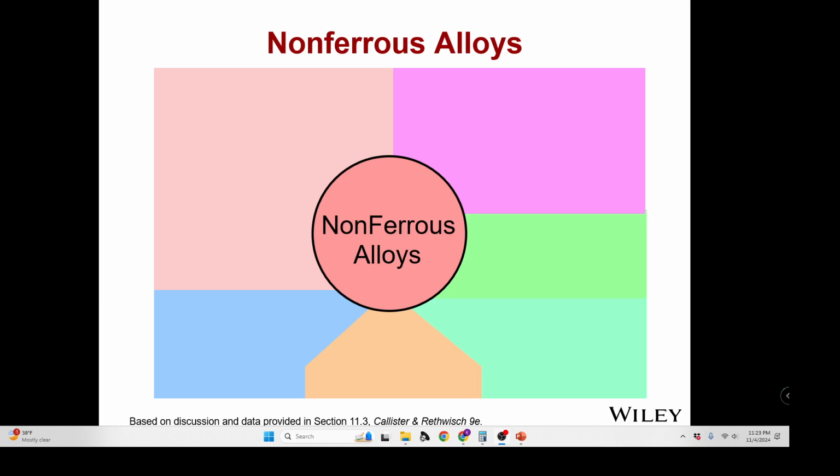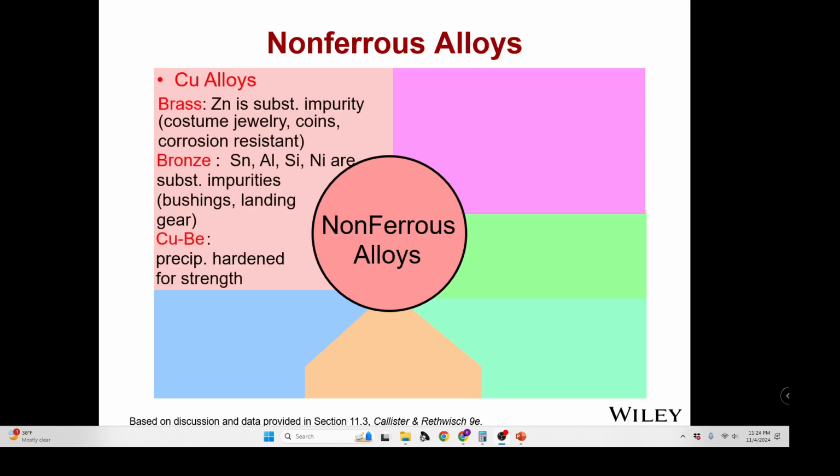So non-ferrous alloys: copper, things like brass, bronze, copper beryllium, precipitation hardened. Brass has zinc as a substitute impurity, so this is common for things like costume jewelry, coins. It's good for corrosion resistance. Helps the copper not to oxidize so quickly.